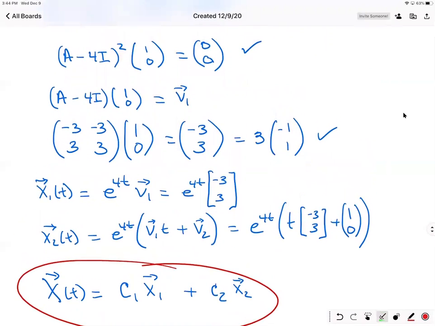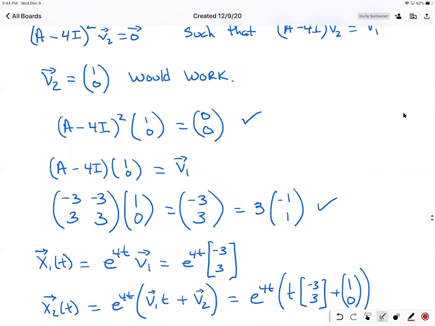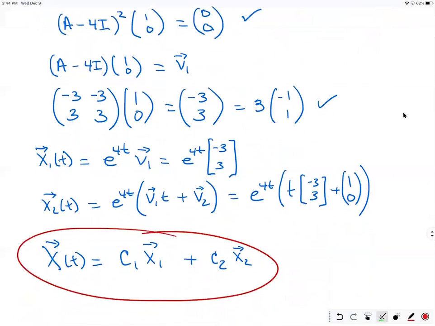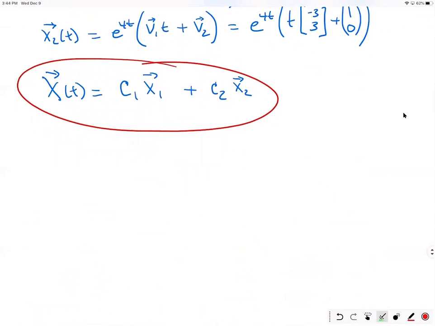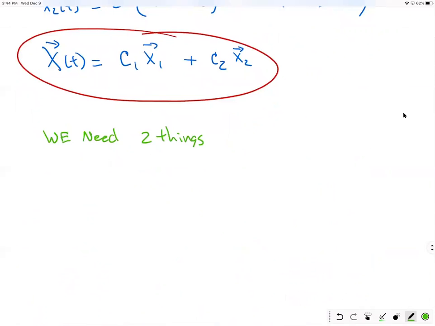So the trick here, remember, we need to find these two things. And that is, let me write a summary. We need two things since we were defective.